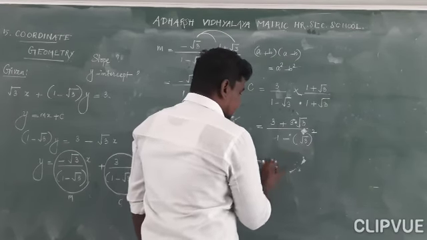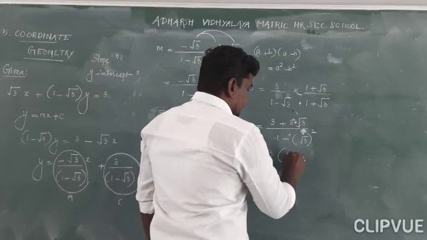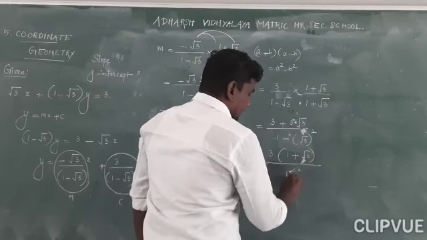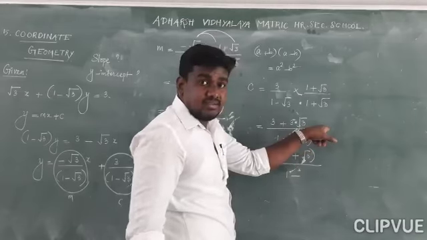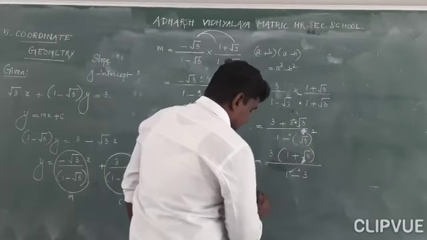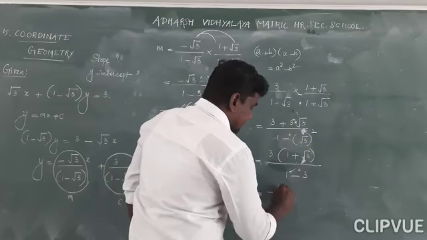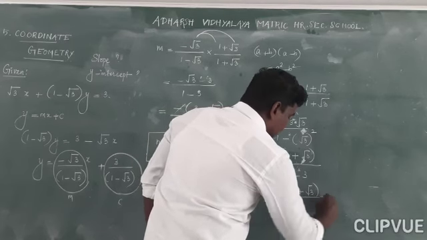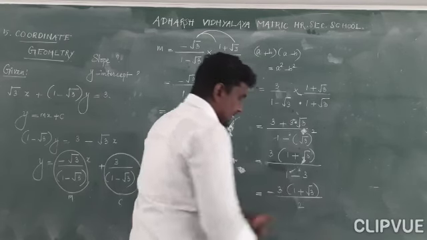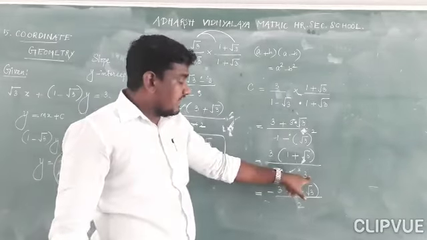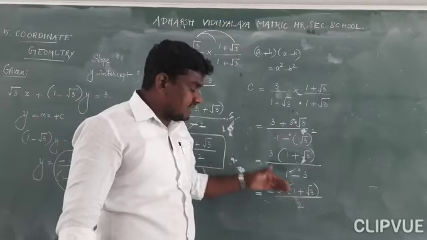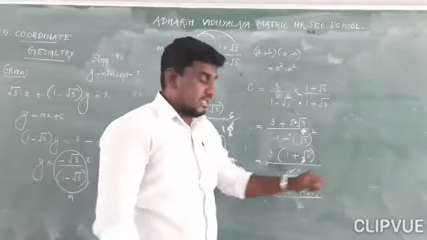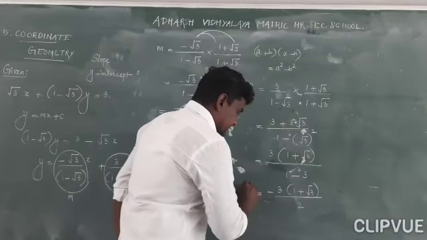If you take 3 out, what do we get? 3 of (1 plus root 3) divided by 1 minus 3. So minus 3 of (1 plus root 3) whole divided by 2. Actually 1 minus 3 leaves the remainder minus 2. So it becomes minus 3 by 2 of (1 plus root 3). This is the y-intercept c.